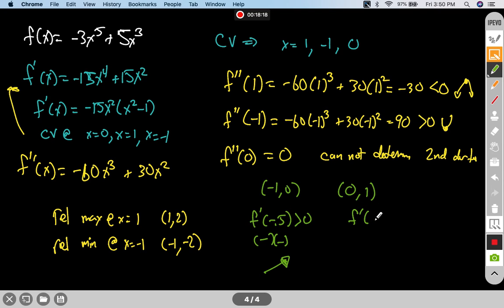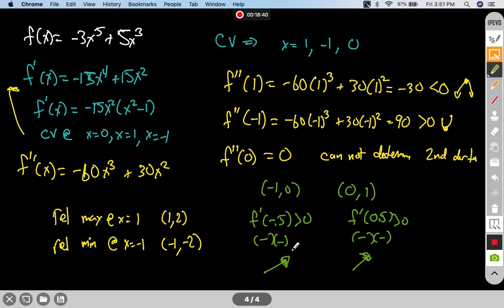If I look at the same thing at a positive 0.5, this is even, so I'm going to get the same value whether I plug in a negative or a positive. Again, this will be a negative number. Negative times a negative is positive. So this is positive.